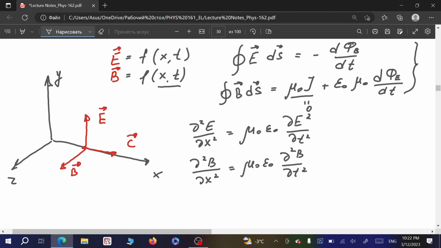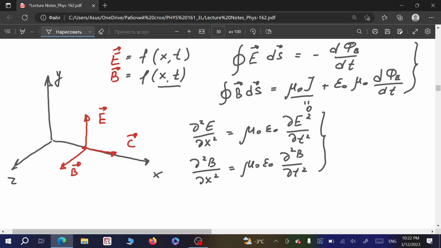So we get these two equations for electric and magnetic fields. They can be related, obviously, because we have a relationship between magnetic and electric field in an electromagnetic wave.